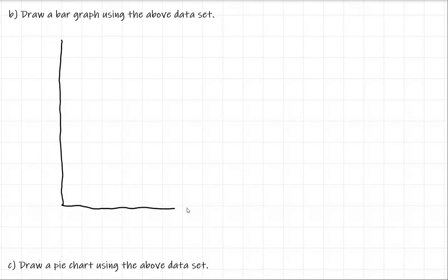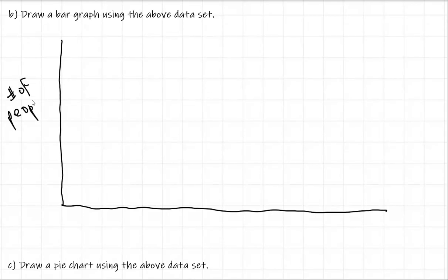All right, so we just need to draw ourselves a cute little first quadrant. Our y-axis is the number of people, right? Since Frank asked his classmates what soda they like, our frequency is technically people. We're gonna scale this. I think the best would just be to scale it by 2, 4, 6, 8, 10, 12.